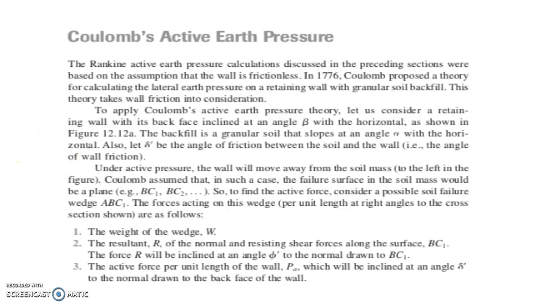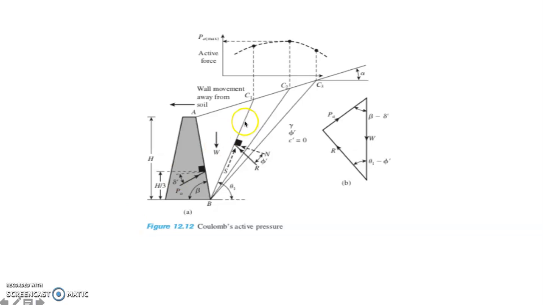Of course, the backfill is a granular soil, which makes an angle of alpha with the horizontal, and the angle of friction between the soil and the wall is denoted by small delta, that is the angle of wall friction. So this is an illustration for Coulomb active pressure.